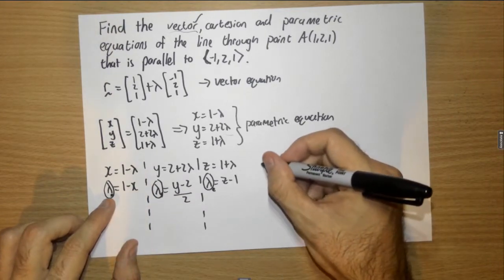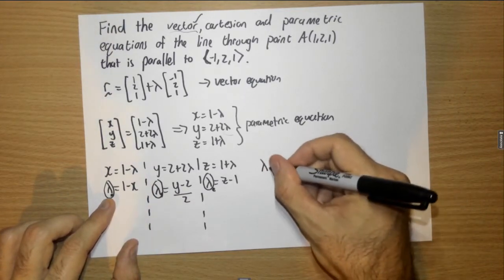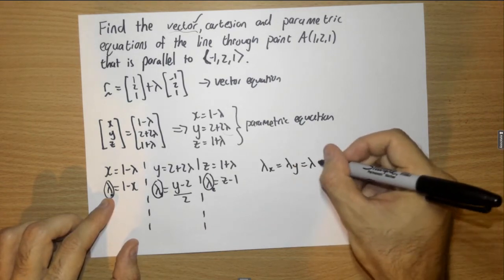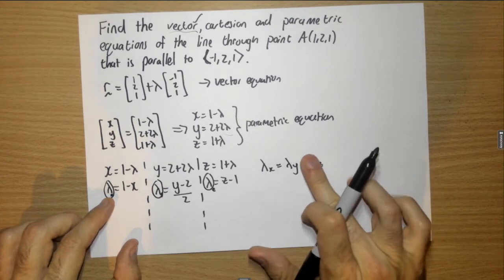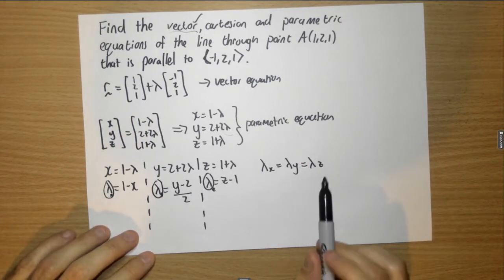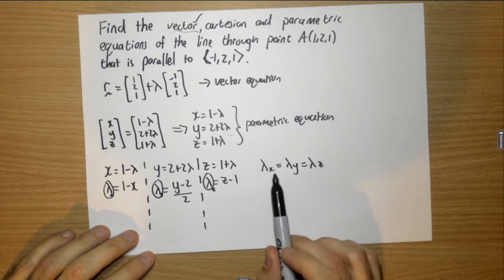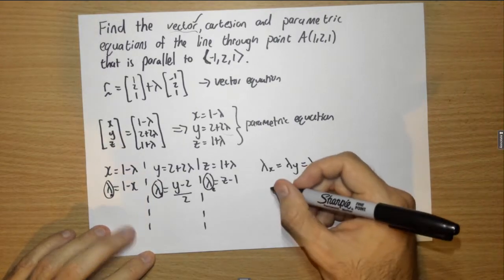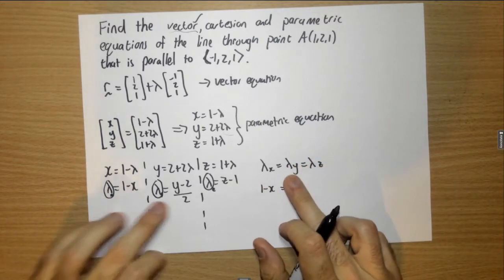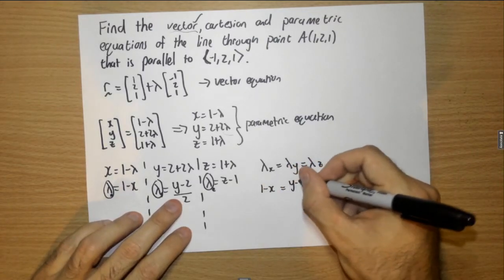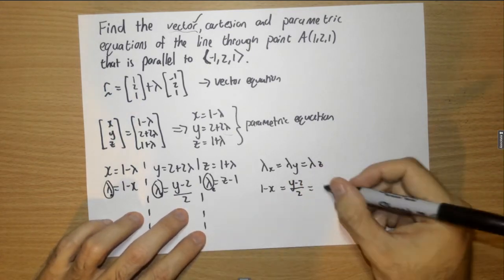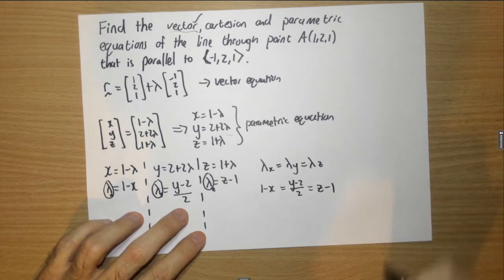So what we need is lambda x equal to lambda y equal to lambda z. In the previous example, we just had lambda x equals lambda y. But in this example, we have to add in that lambda z there. So lambda x is 1 minus x. Lambda y is y take away 2, divided by 2. And lambda z is just z take away 1.